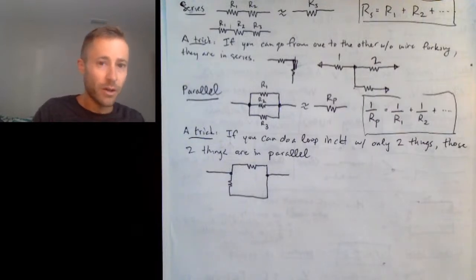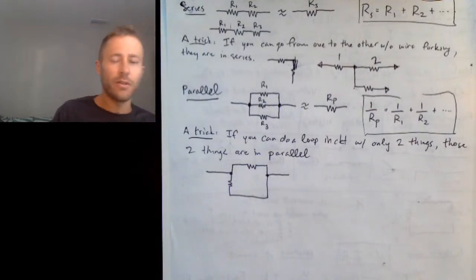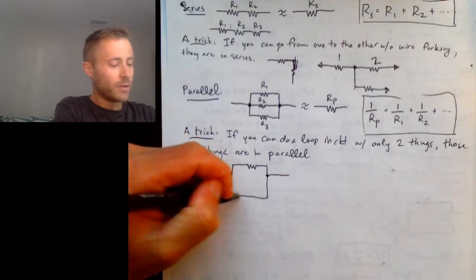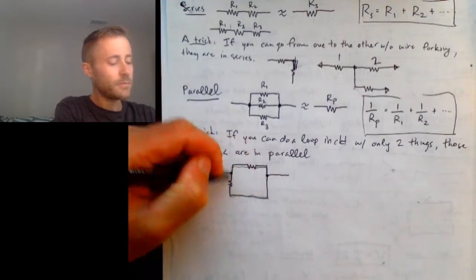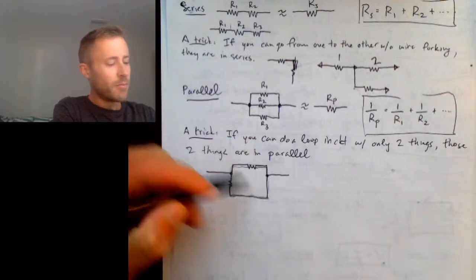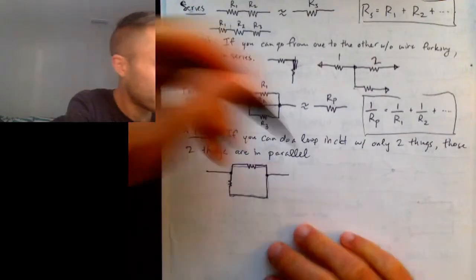It has to do with how they are connected to each other. So how could I use the trick to tell that they are in parallel? Well, if I imagine walking around this loop, okay, this loop right here, I'm only going to encounter this resistor and that resistor. So those two are in parallel, okay?